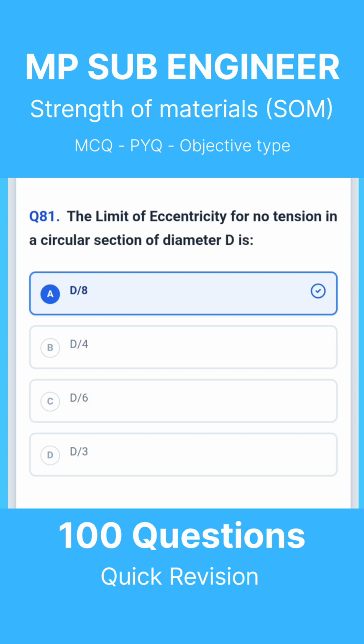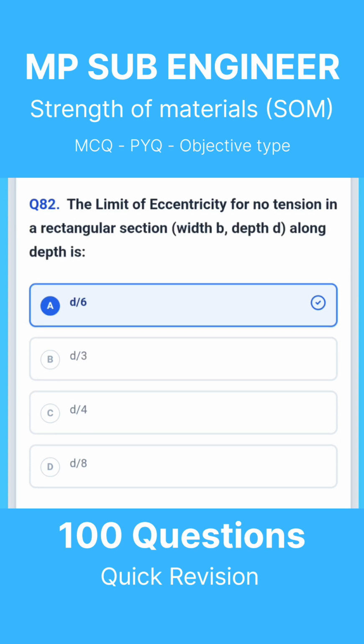Question 81. The limit of eccentricity for no tension in a circular section of diameter d is. The correct answer is d divided by 8. Question 82. The limit of eccentricity for no tension in a rectangular section, width b, depth d, along depth is. The correct answer is d divided by 6.